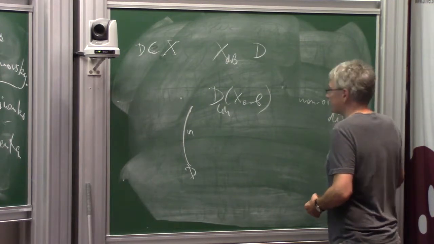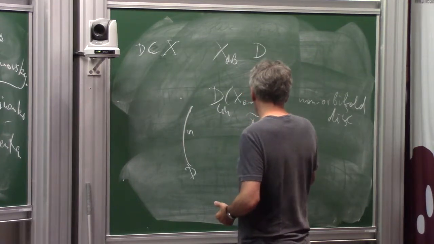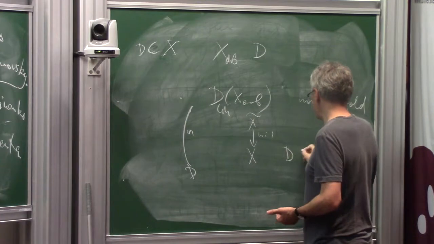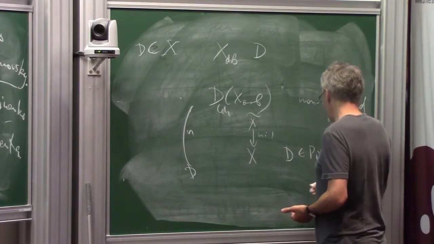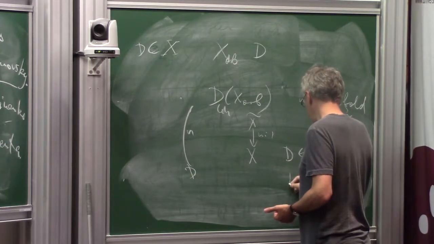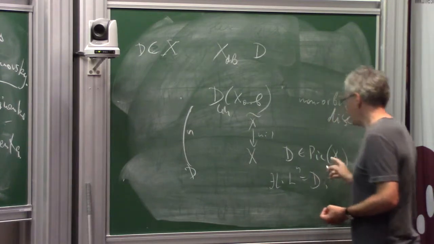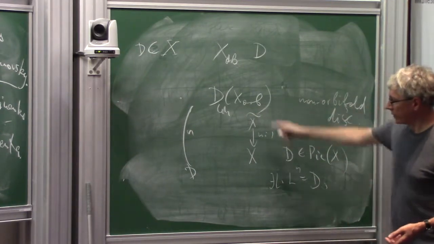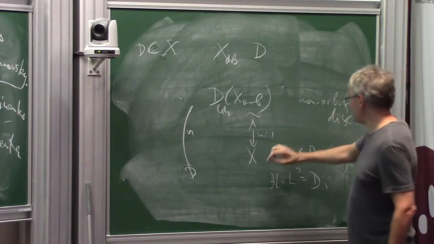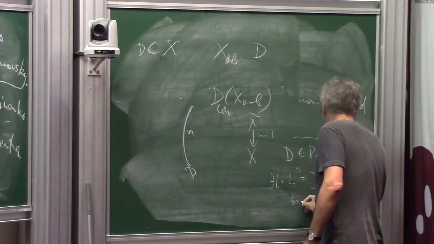And if you have an extra thing, if you have for this X some cover n to 1, which is ramified along this divisor D, or in other words, the divisor D in the Picard group has some root, there exists L such that L to the n is D in the Picard group. So you have a finite covering, and the quotient by this covering gives you this. Then this picture gives you an orbifoldized disk Schober.